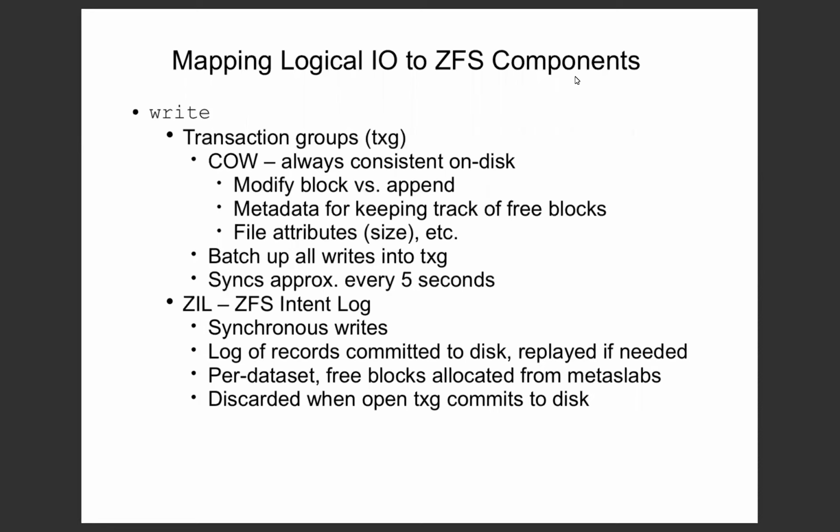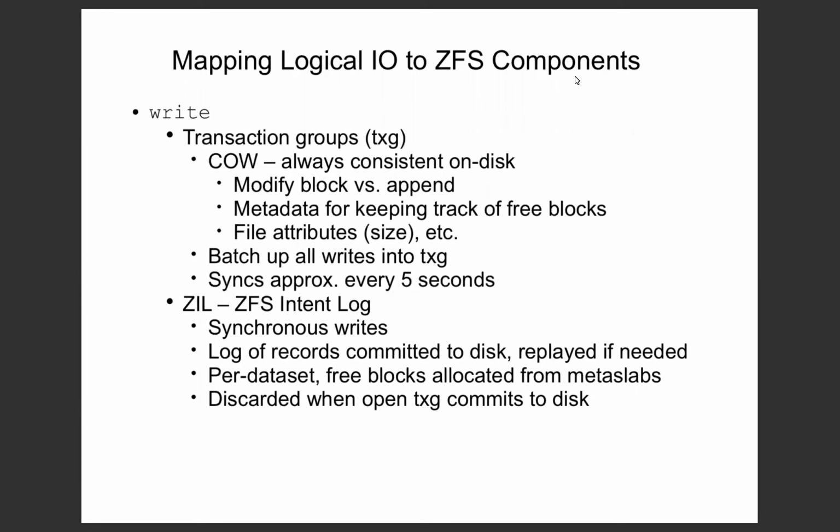But if you have something that's synchronous, then what happens? The other component that ZFS has is what's called the ZIL, or the intent log. This is a mechanism it uses for handling synchronous writes, which happen either because the file was opened for synchronous writes or because you did an fsync. There's a lot of overhead that has to happen when a transaction group gets written out.